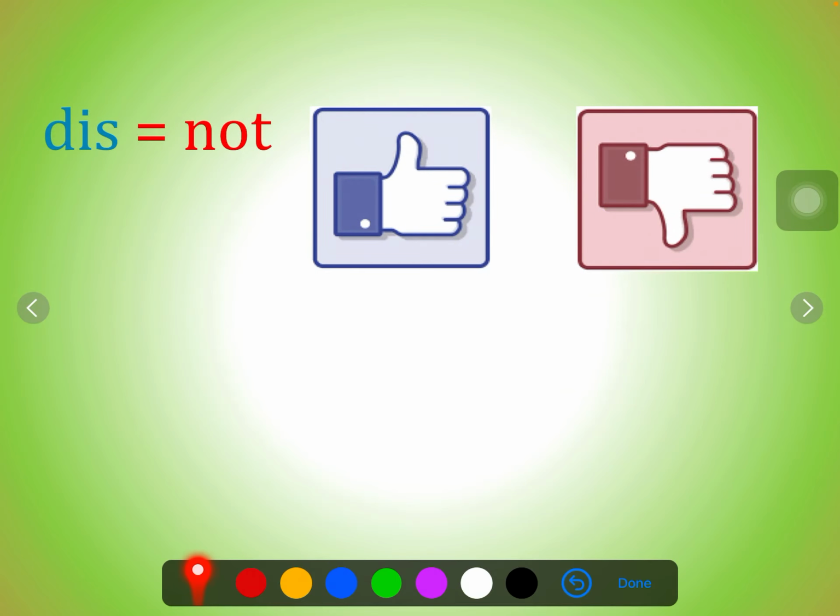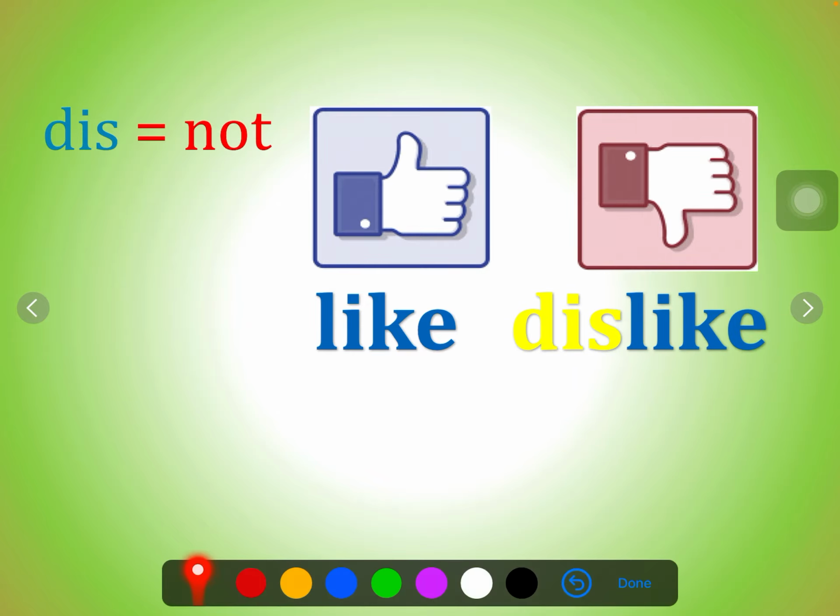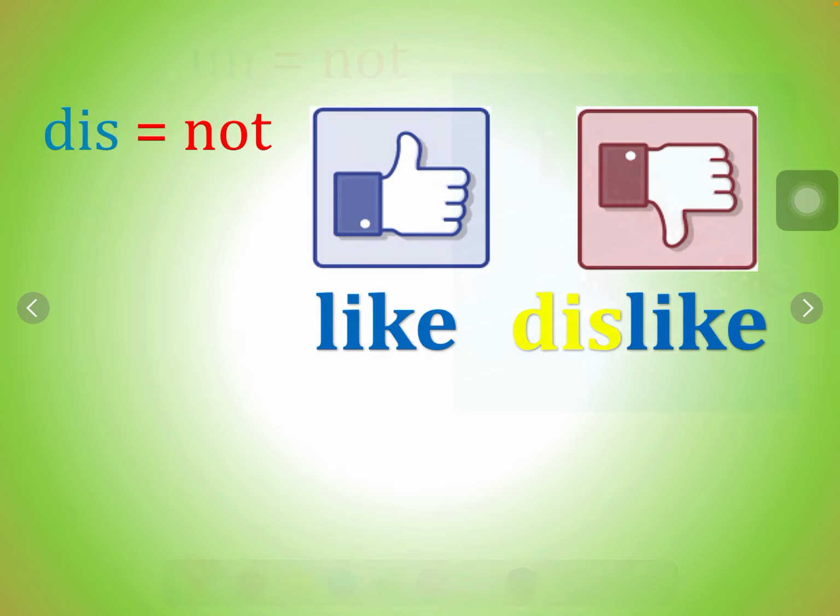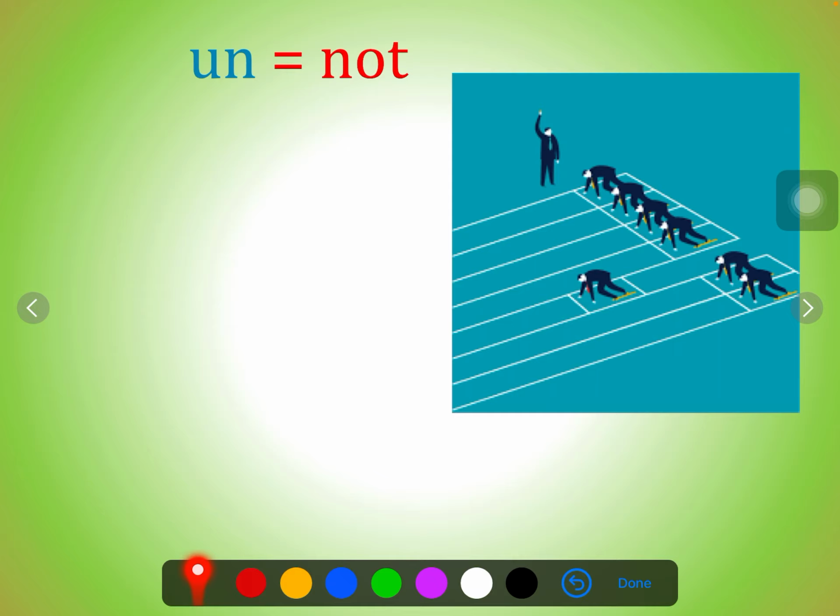So what do they mean? Let's take them one by one. Dis means not. For example, like. When you say I like, but when you say dislike, it's the opposite. Not like. Un means also not. So for example, do. Undo means not doing.